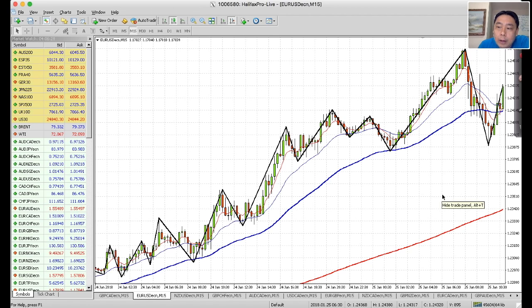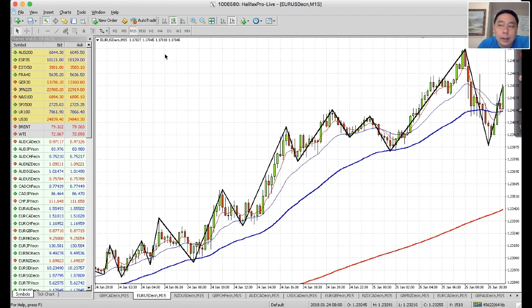So we're looking for, again, higher highs and higher lows for an uptrend. And again, I want to see that the moving averages are in sequence, with the smaller moving average above the bigger moving averages, and ideally they're sloping up. For a downtrend, I'm looking for lower highs and lower lows, with the moving averages in a downward sequence, right? The bigger moving average is above the smaller moving average.